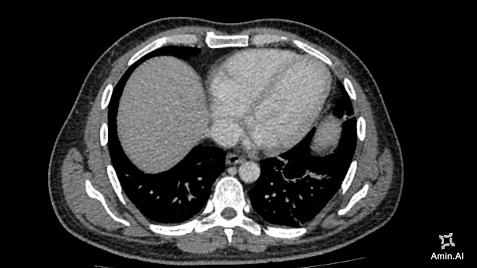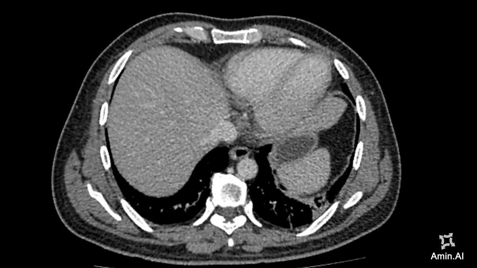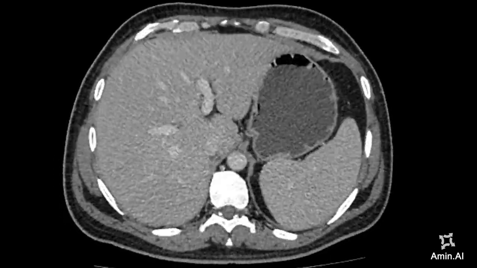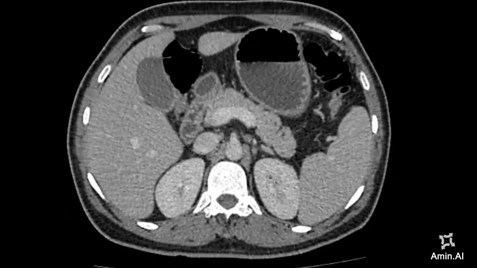So this scan is of a middle-aged male patient who presents with severe lower abdominal pain as well as constipation. I will browse first through the images so you make an opinion what you think the problem is.